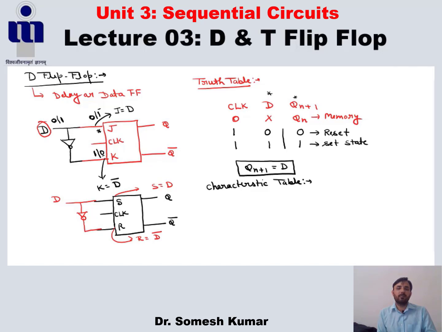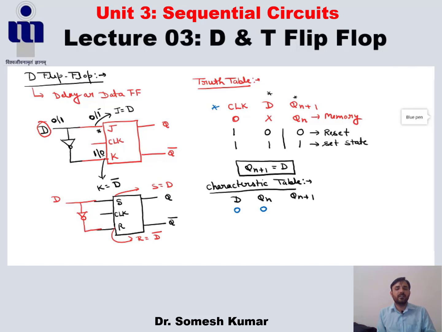In the characteristic table of the D flip-flop, the inputs are D and Qn, which is our previous state, and Qn plus 1 is our next state. If D is 0 and the previous state is also 0, what will be the next state according to this truth table?